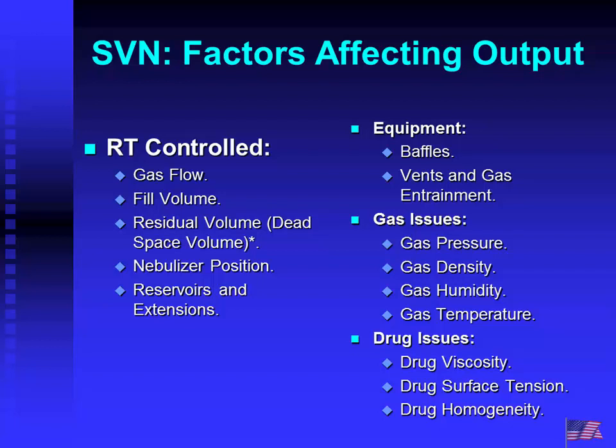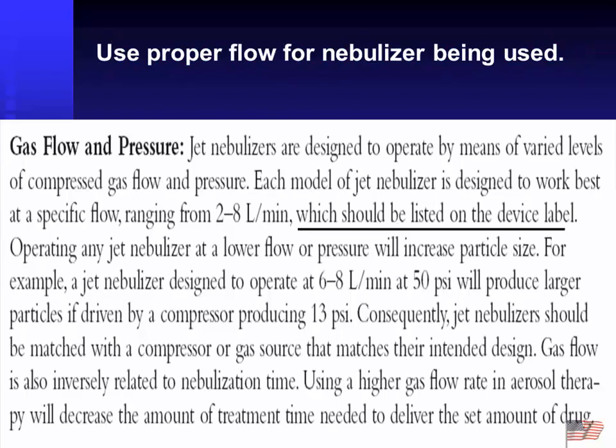Those little home compressors, are they generating enough pressure to have an adequate flow into the nebulizer itself? And again, the humidity and temperature affects particle size, as we've seen up to this point in time. And then different drugs nebulize differently. Mucomyst is going to nebulize quite different than a drug like albuterol.